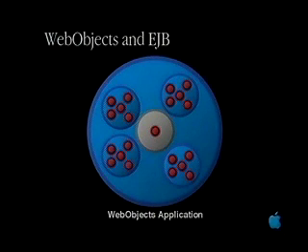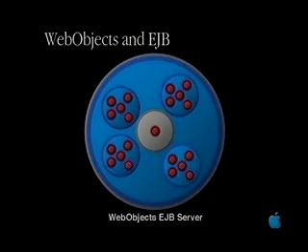You can't really fake the semantics. So we're going to have a full-blown container inside WebObjects application. That way, if someone hands you an Enterprise Java Bean, you'll be able to install it in your WebObjects application and act as an EJB server.